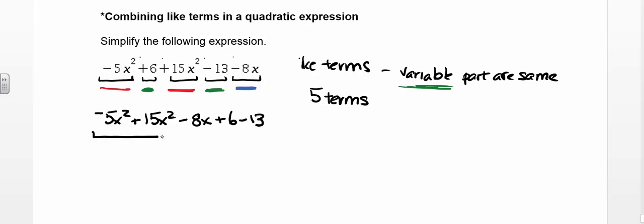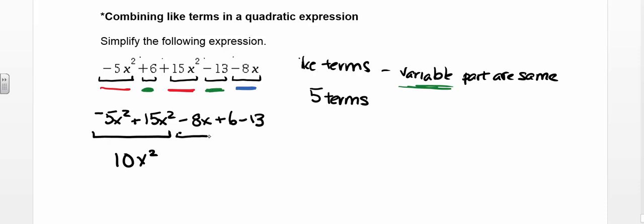So I have a negative 5 plus 15. I have x squared because I'm not adding my exponents or anything. My variable part is x squared, just like my variable part is oranges. I have negative 5 oranges plus 15 oranges. So negative 5 plus 15 leaves me with 10. Then I can combine my next two.